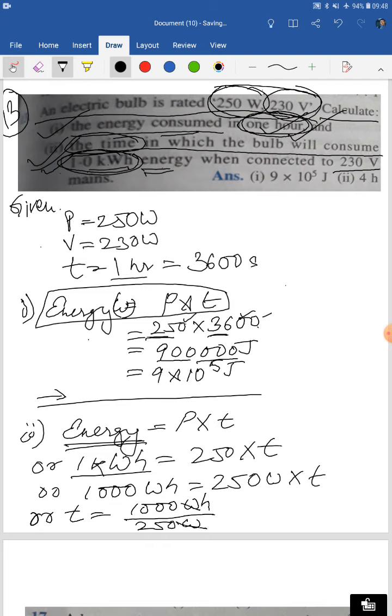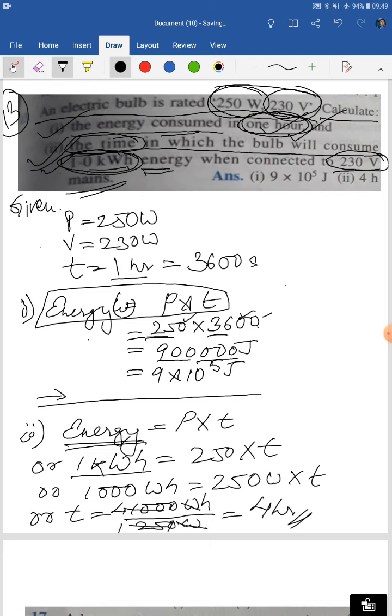Watt and watt cancel, the zeros cancel, 25 ones are 25, 25 fours are 100, so you get 4 hours. So in 4 hours this bulb is going to consume 1 kilowatt of energy when it is connected to 230 volt mains. Are you getting my point? This is very, very simple, easy.